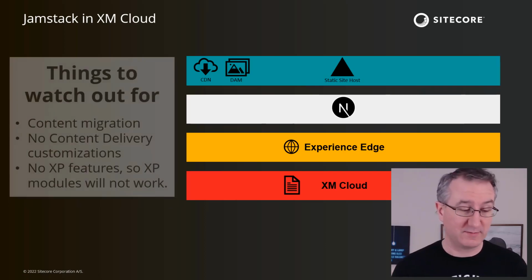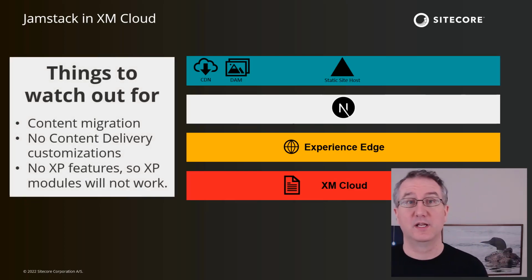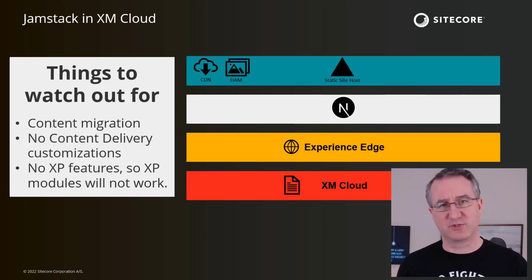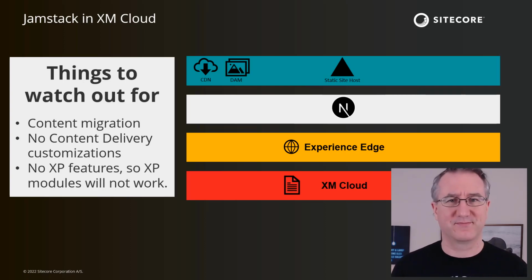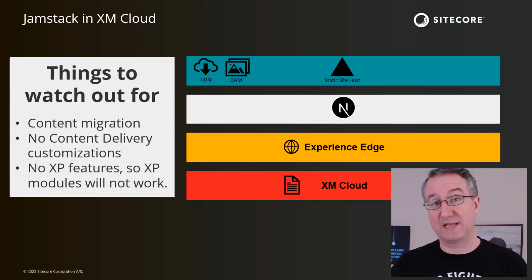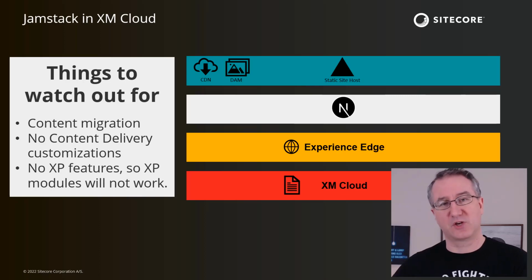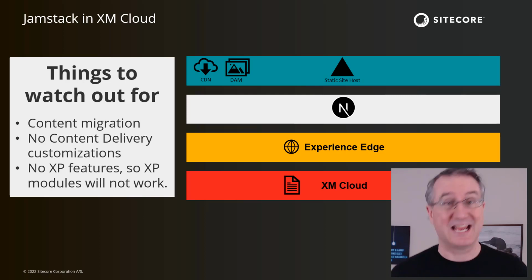Now, from a downside perspective, things to watch out for. Content migration was involved. Content migration is never trivial. Somebody's already got some piece of data in there that's going to make things weird. So you've got to plan for regression testing. You also need to look at how do I get rid of these content delivery customizations? You might be using APIs.